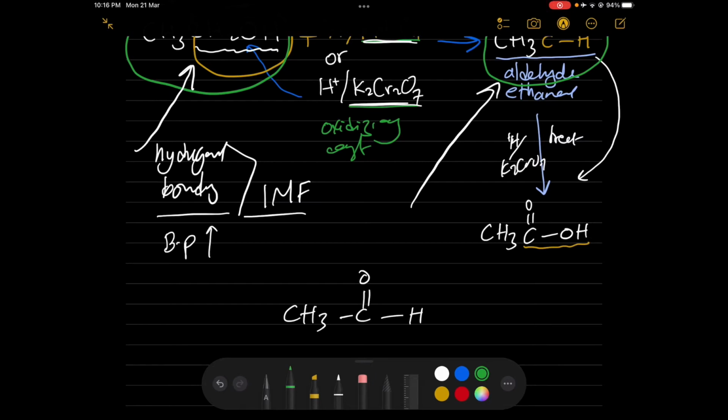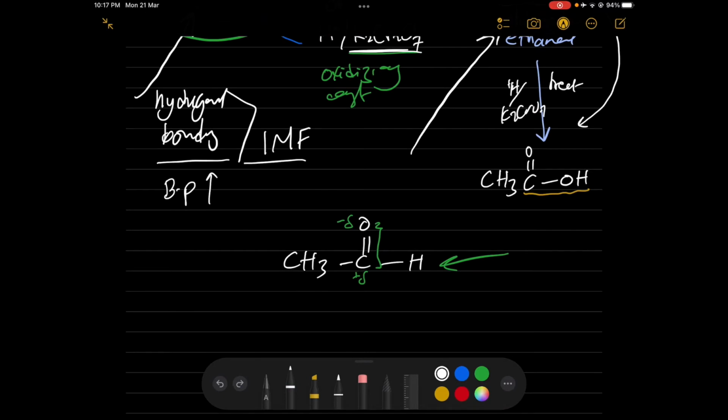First of all, you notice a difference in electronegativity, because oxygen is electronegative and partially negative, and carbon is partially positive. As a result, you will have permanent dipole interactions. But in this compound, we don't have hydrogen bonding.